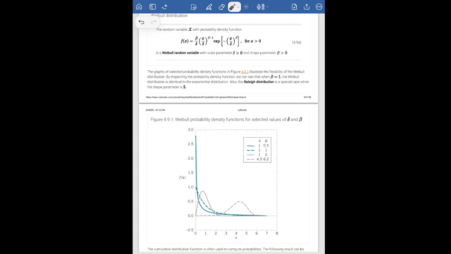Okay. If you take the Weibull random variable and make that shape parameter equal to 2, then we have what's called the Rayleigh distribution.